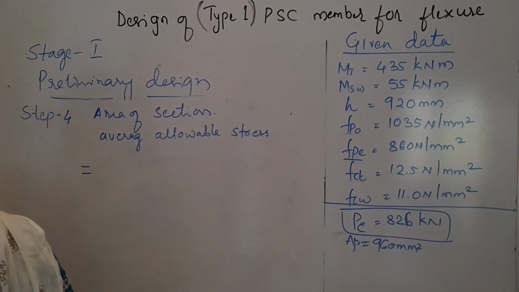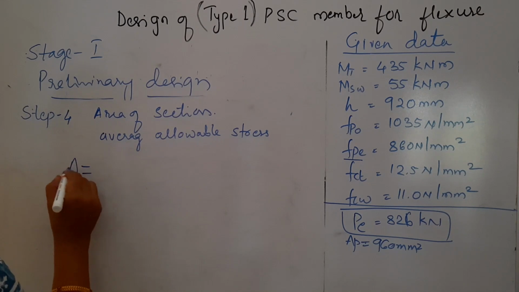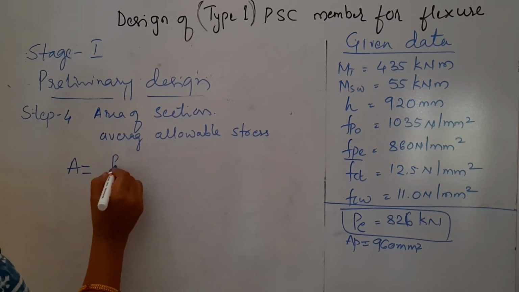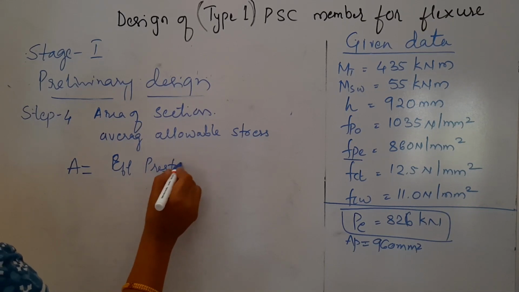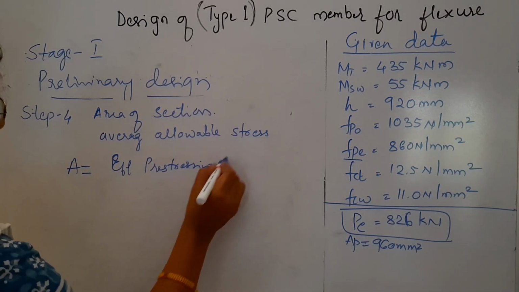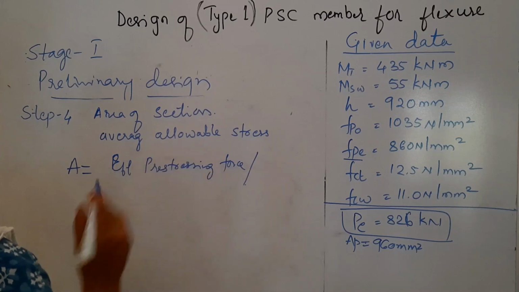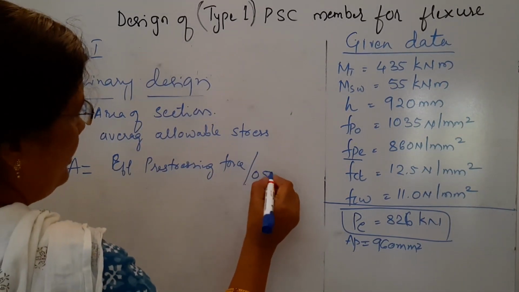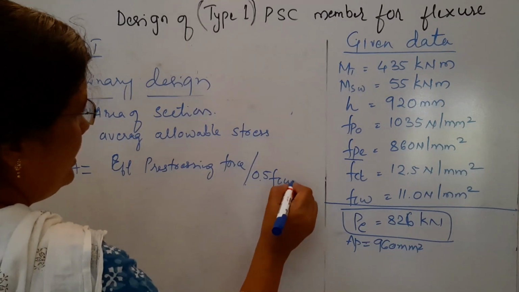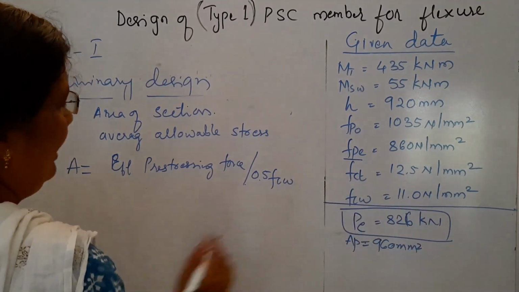Therefore, area of the section is equal to effective pre-stressing force divided by, once again, 0.5 average FCW. FCW is given as 11.